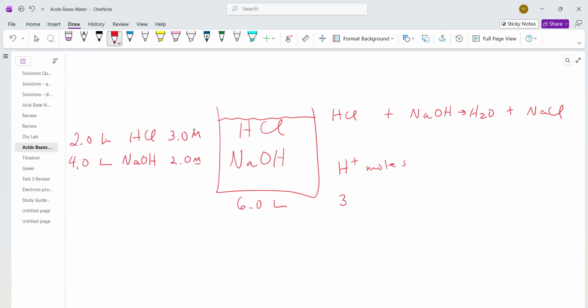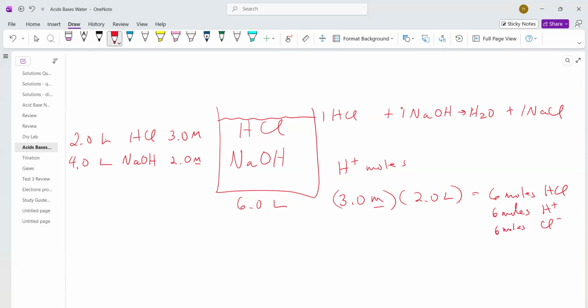So we've got, and this is all one, it's a monoprotic acid. So we've got, remember the HCl goes away.